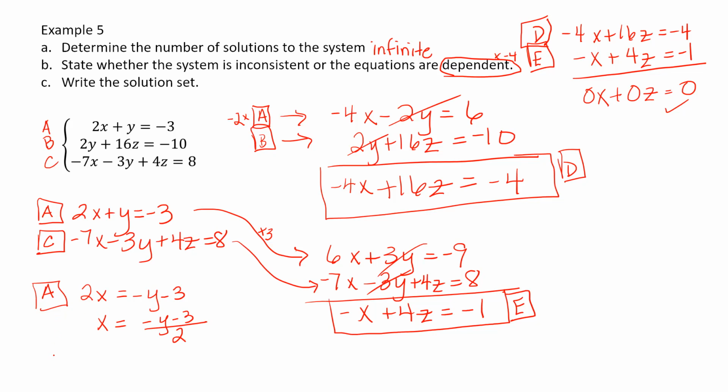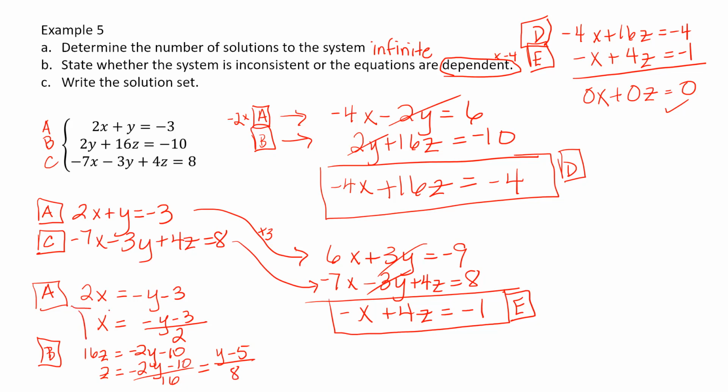Now I'm going to take equation B and write z in terms of y. So I will have 16z equals negative 2y minus 10, and so z is equal to negative 2y minus 10 over 16, and that is equal to negative y minus 5 over 8.